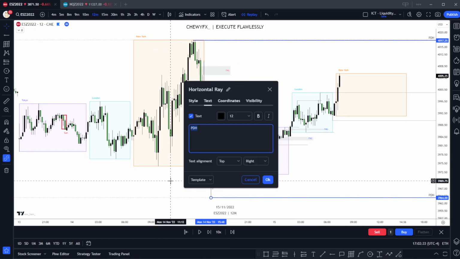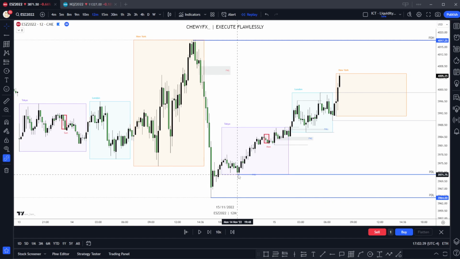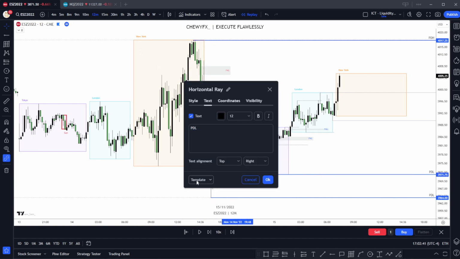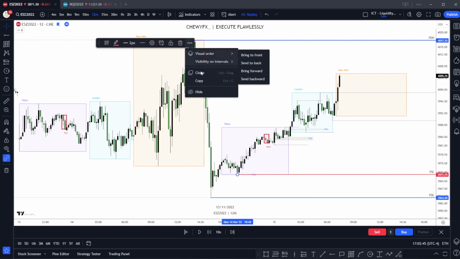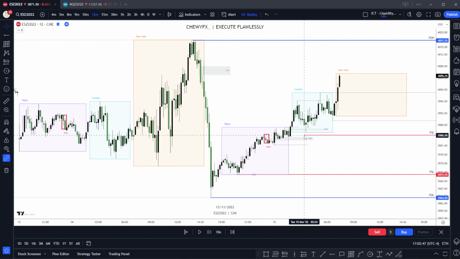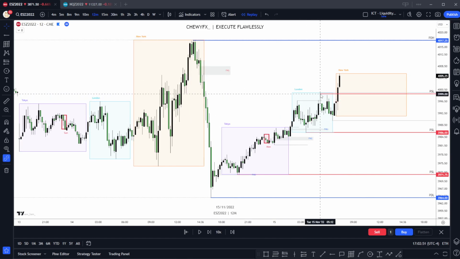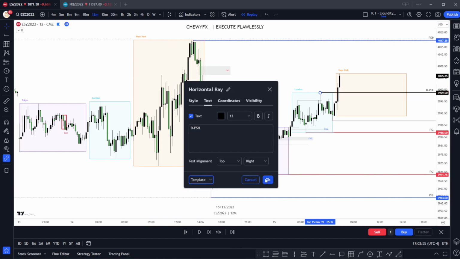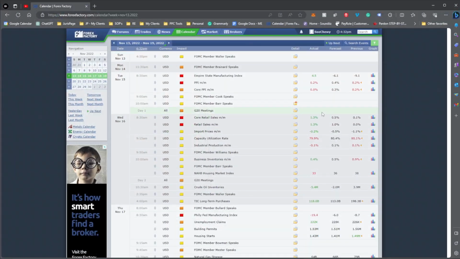Okay. Then we want to mark up our session liquidity. This is so important. Okay, we can't forget to jot down our news.